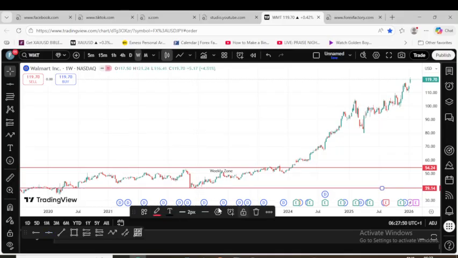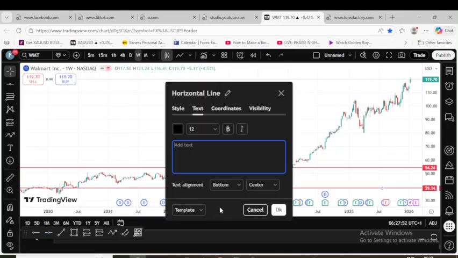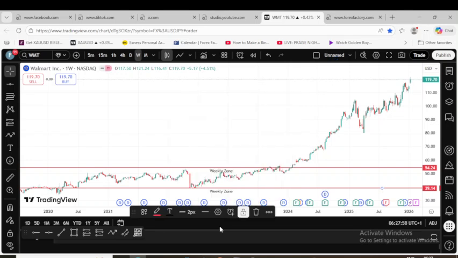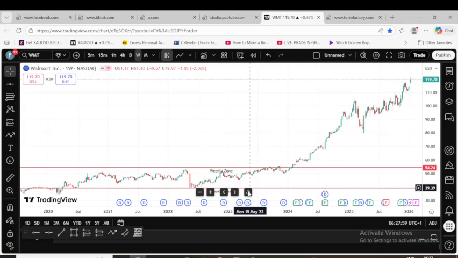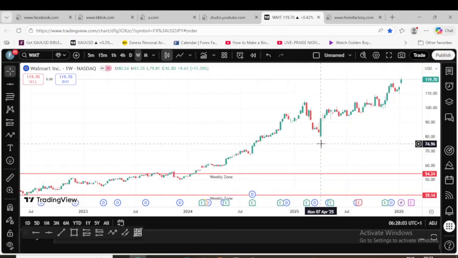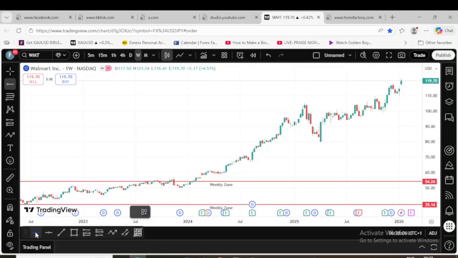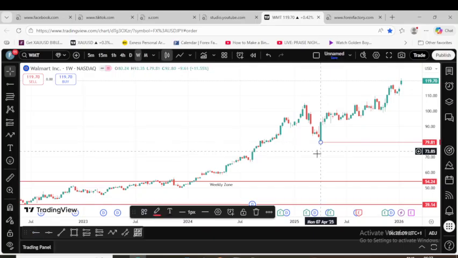Resistance that became support, that became resistance. Can you see weekly? And like I've said before, strong swing lows like this are usually zones.